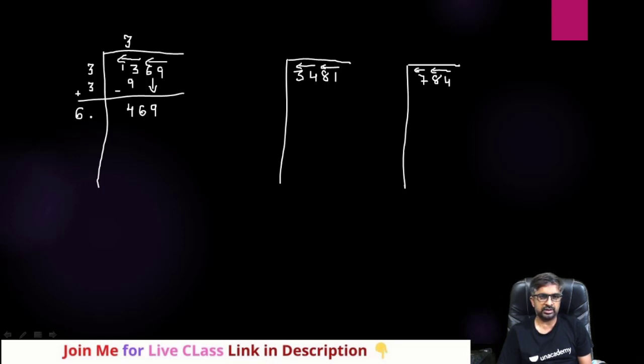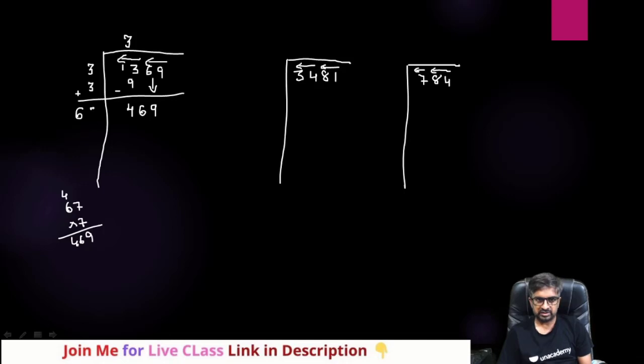The last digit is 9, so 63 threes will not work. 67 sevens will work, because 7 sevens are 49 and the last term is 9. Let me check: 7 sevens are 49, 7 sixes are 42, plus 4 is 46, so 469.